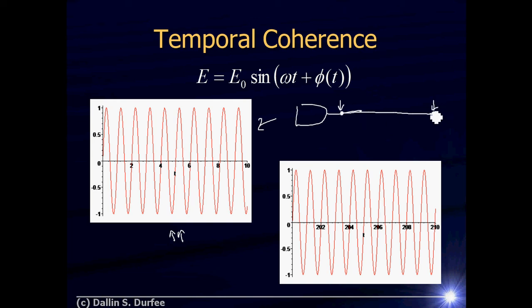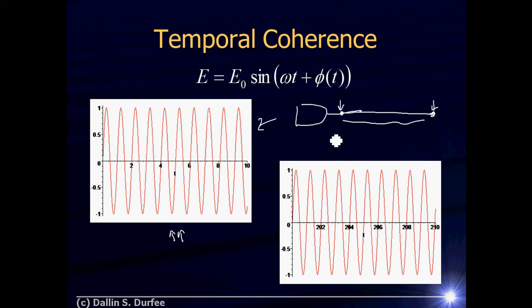It tells me if I know what's happening here, how far downstream can I tell you what's happening? If I know what's happening here, how far upstream can I predict what's happening there? The coherence time and the coherence length are both measures of the temporal coherence of my light.